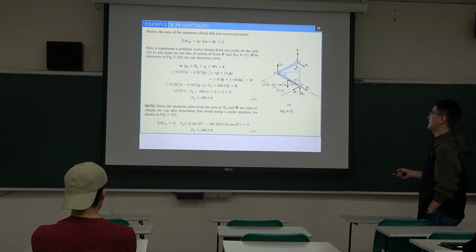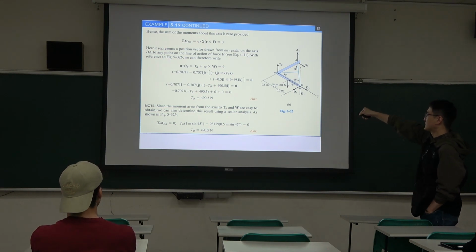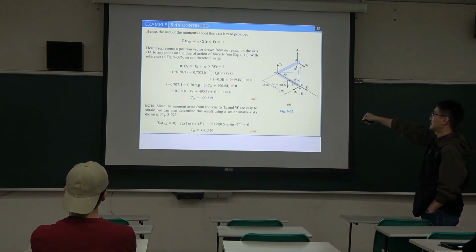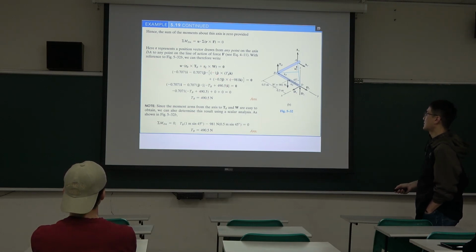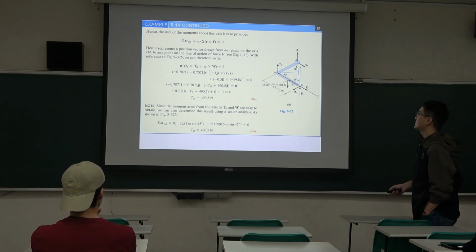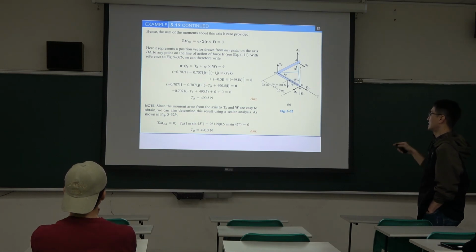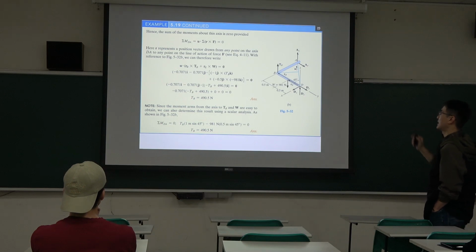Okay, then this part, I, J, K. So J, K give us positive I, but here is negative.